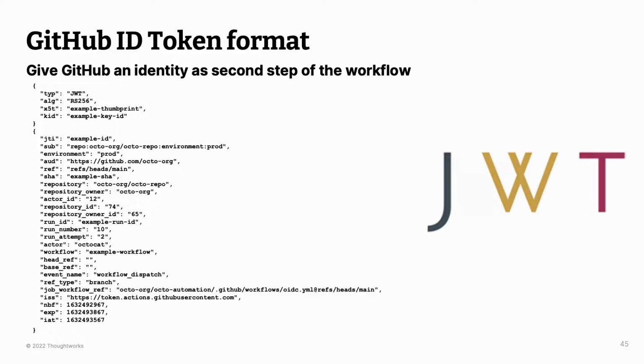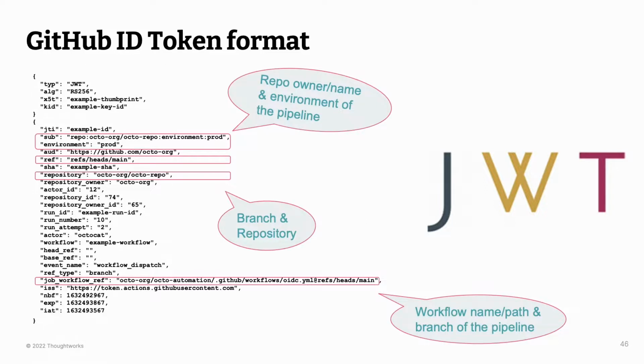Okay, so we talked about that we're going to give GitHub an identity. What does this identity look like and how is it going to help us? Let's look into some very interesting things. First is the repository owner name, the environment of the pipeline where you're going to run the code, the branch and the repository, and also we have the GitHub workflow name and the branch of the pipeline.